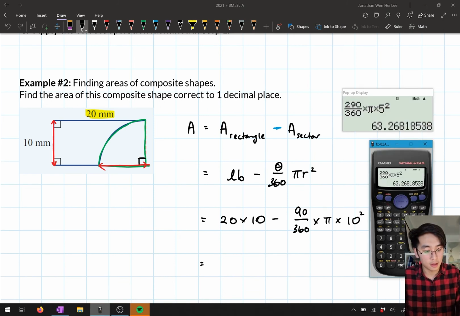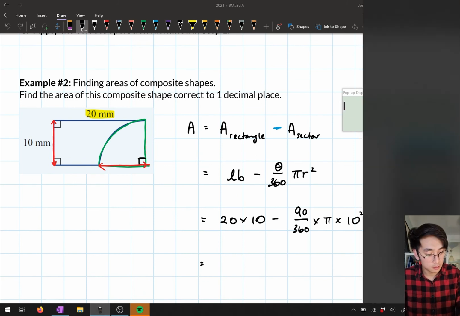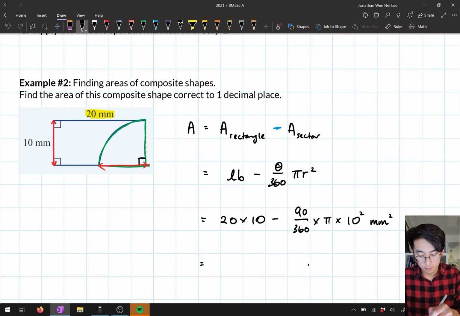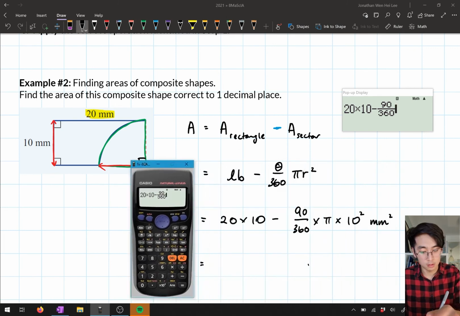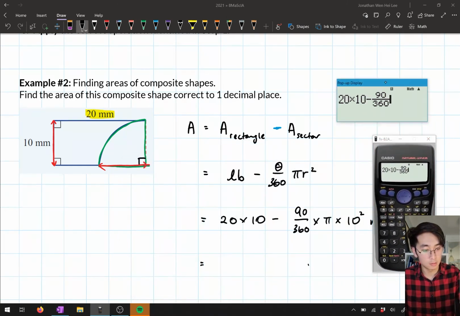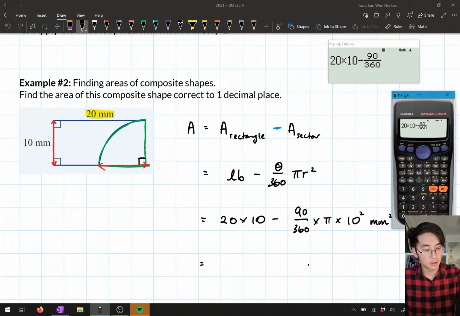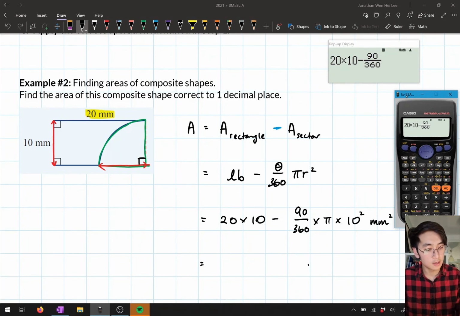So I can chuck this in my calculator. I can go 20 times 10 minus 90 over 360 times pi times 10 squared.